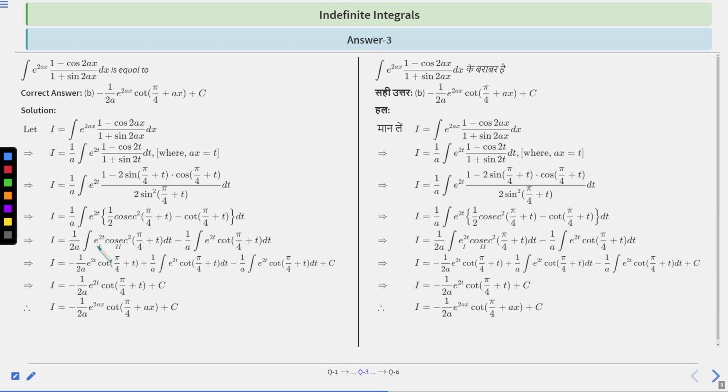See, we have applied integration by parts by using e to the power 2t as the first function and cosec square(pi by 4 plus t) as the second function, right? So we have applied this and got the result by using integration by parts in this expression, right? And clear.